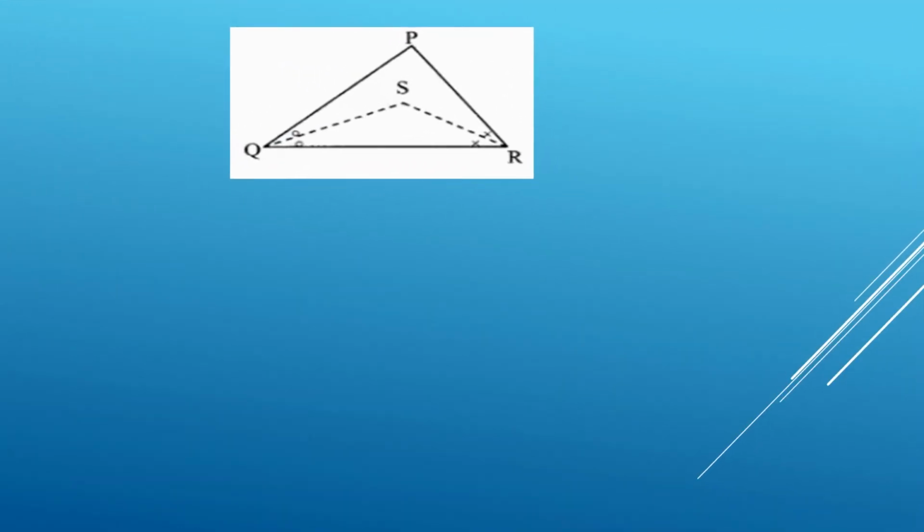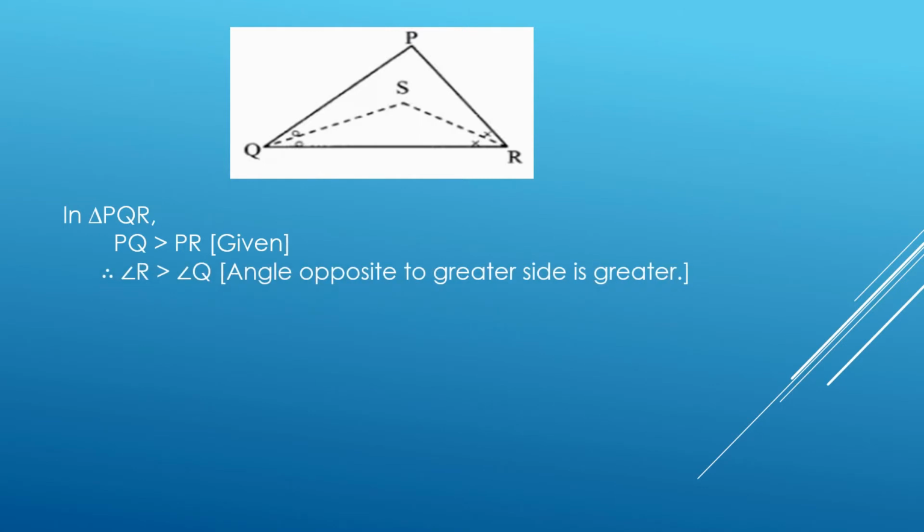In triangle PQR, PQ greater than PR, that is already given. By the property of the inequality of the sides and angles of the triangle, the greater side PQ, its opposite angle is the greater angle, and the smaller side PR, its opposite angle is the smaller angle.